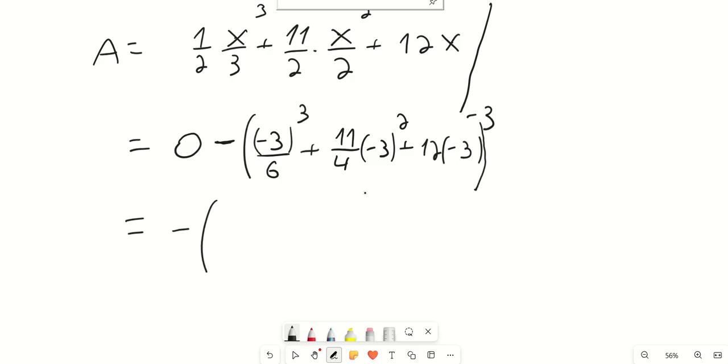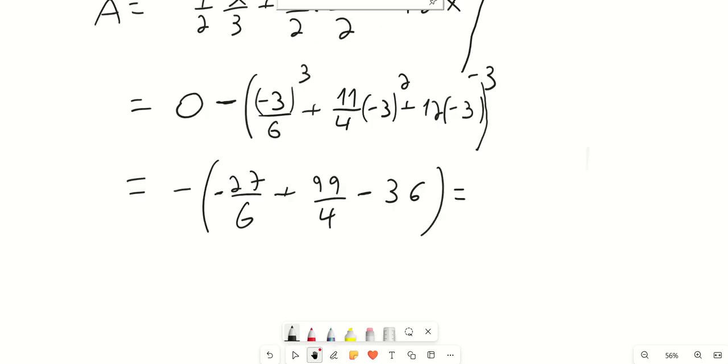So -3 to the power of 3 is -27. -27 divided by 6. Here I get -3 squared is 9, so I get 99 over 4. And here I get -36.